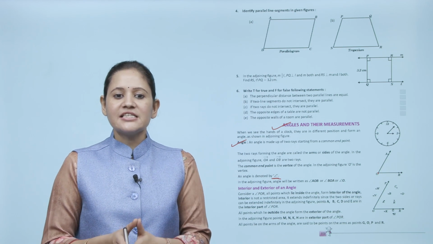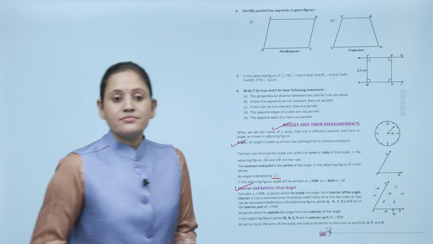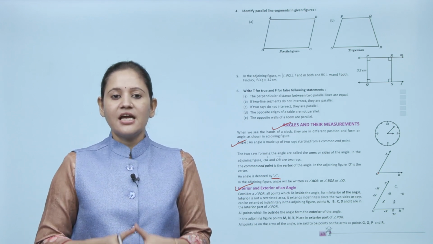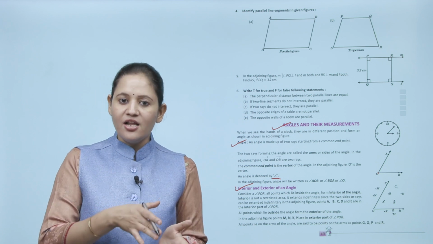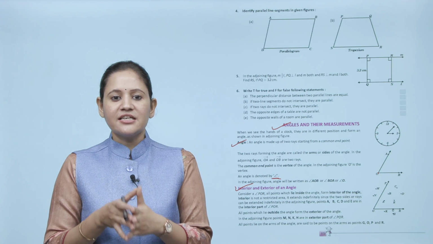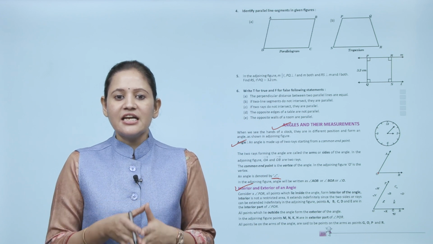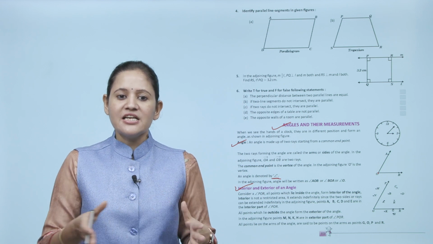Next, interior and exterior of an angle. Consider angle POR. All points which lie inside the angle form the interior of the angle. Interior is not a restricted area. It extends indefinitely since the 2 sides of the ray can be extended indefinitely.